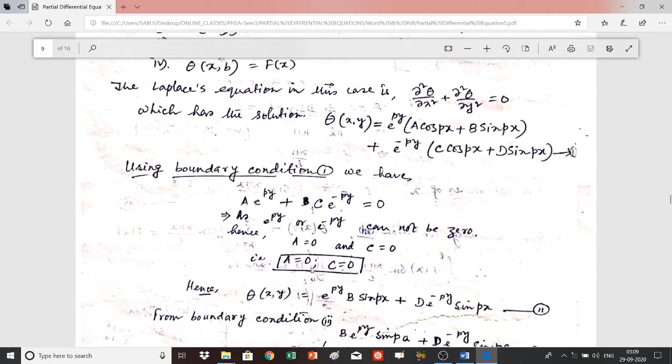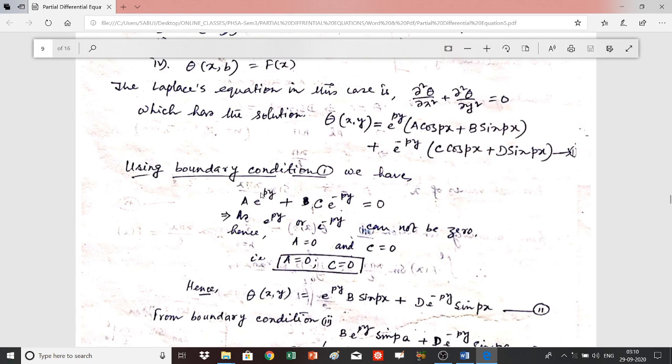As e to the py and e to the minus py cannot be 0 for the same value of y, it is not possible. So in this sense, a is equal to 0 and c is equal to 0, because e to the power py cannot be equal to e to the minus py for the same value. Let us consider that y is equal to 1, so py is equal to 1.